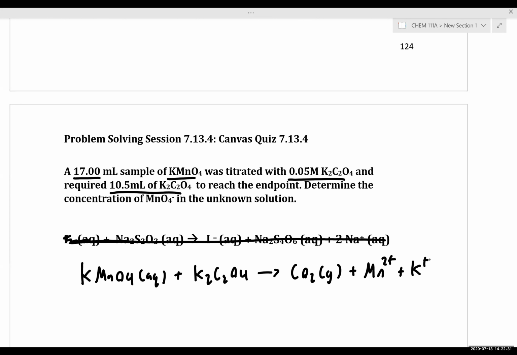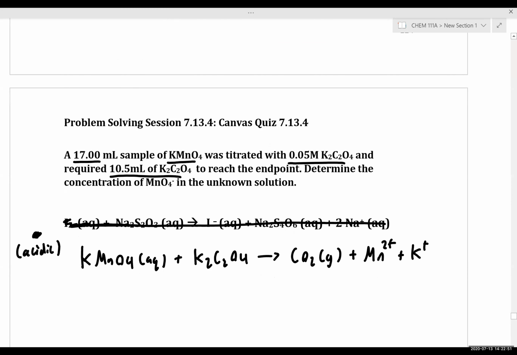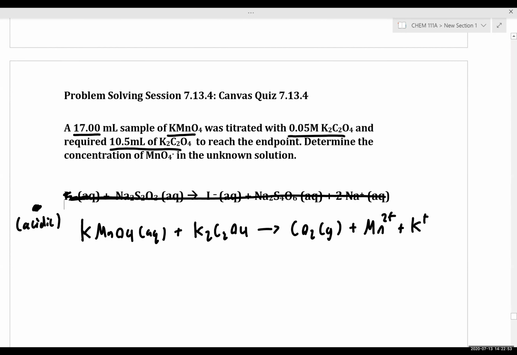Now, what I want you to do is identify the oxidizing and reducing agents, and balance and write out your preliminary balanced redox reaction under acidic conditions. So let's focus first and foremost on getting a balanced equation under acidic conditions.